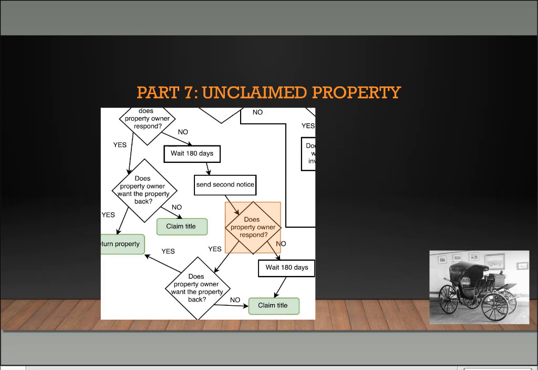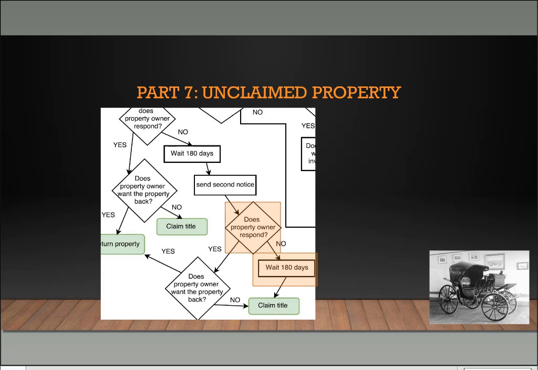We return the property to John Doe, or he doesn't want it back and we claim title. If he does not respond to the second piece of mail, which he received, this waiting 180 days thing only applies if the guy actually receives the piece of mail. So we wait another 180 days after we receive that return signature card from John Doe.